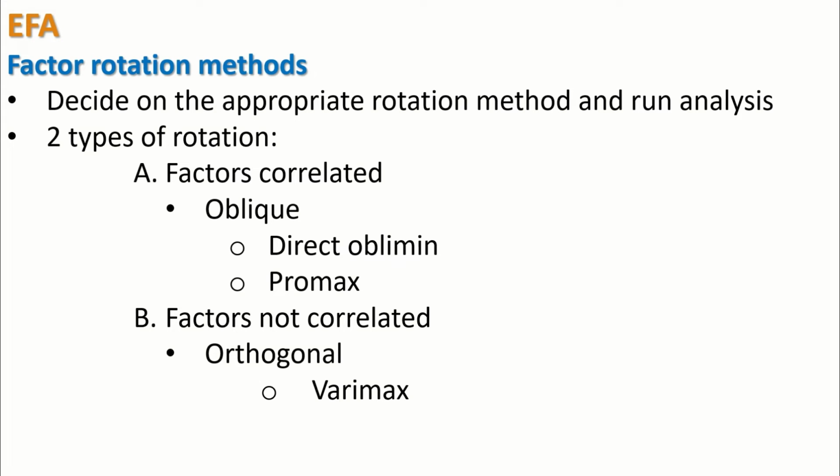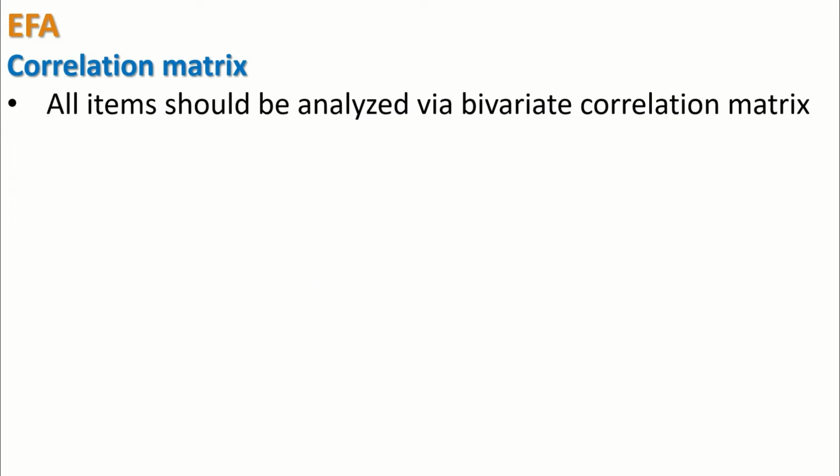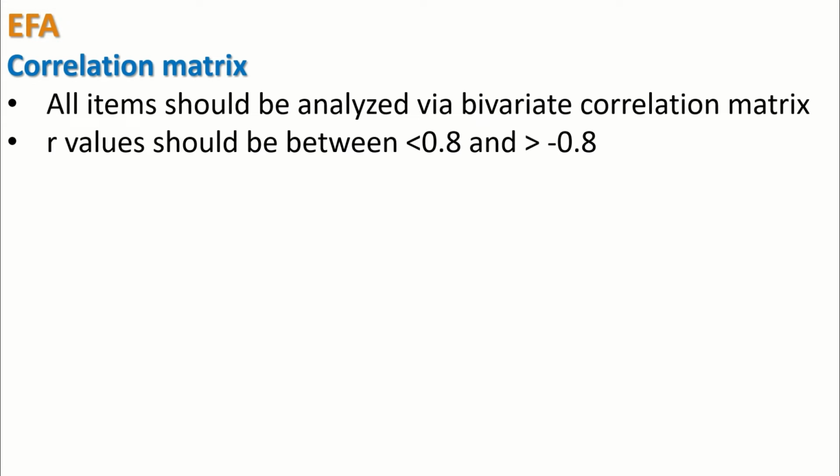There are subclasses for it: Varimax, Equamax, and Quartimax. When performing the EFA on data, a correlation matrix will be produced, and the items within this matrix should all be analyzed via a bivariate correlation matrix.